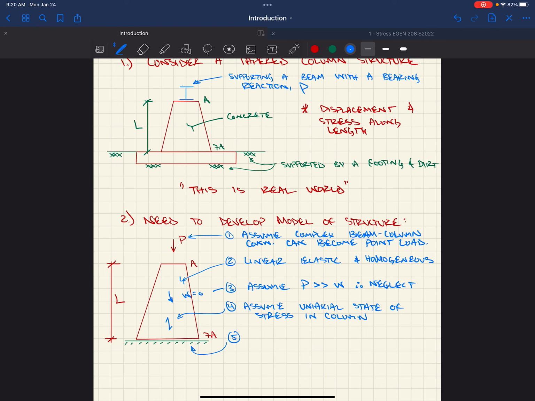That's a huge assumption also. And so assume the footing and the ground below create a rigid support.